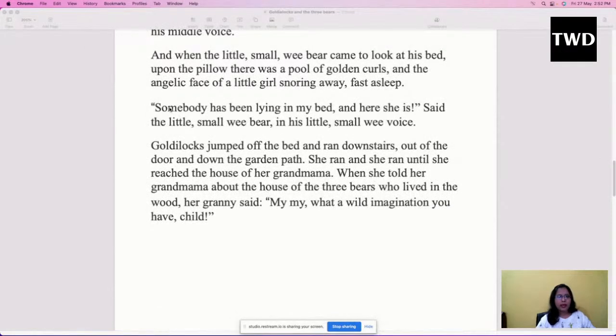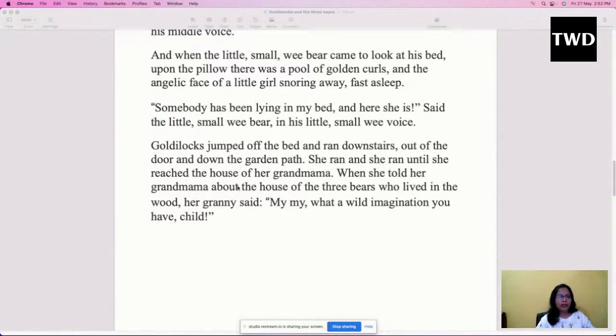"Somebody has been lying in my bed, and here she is," said the little small wee bear in his little small wee voice.